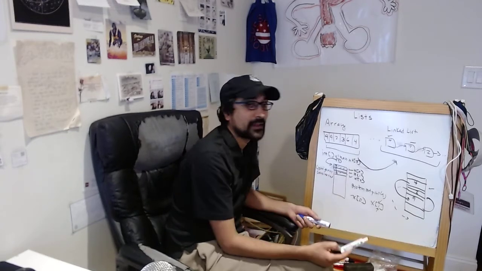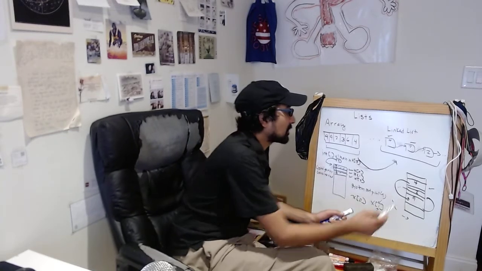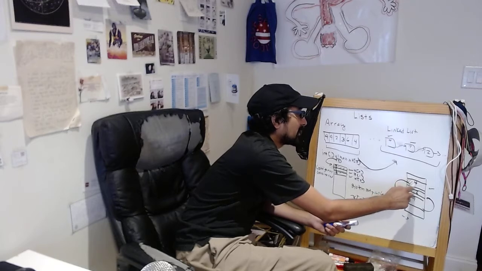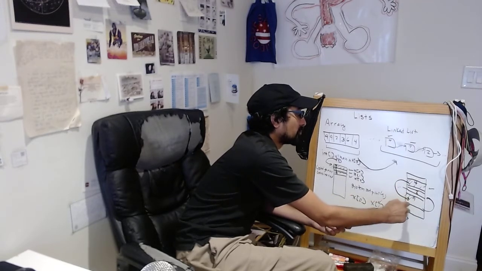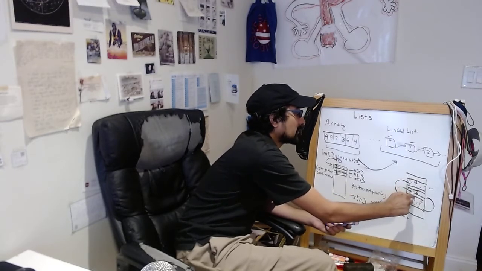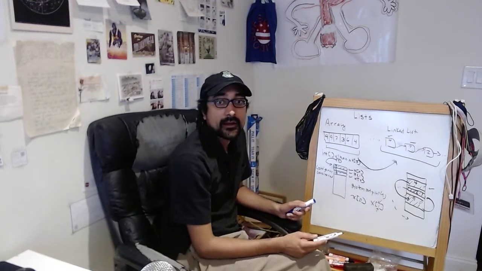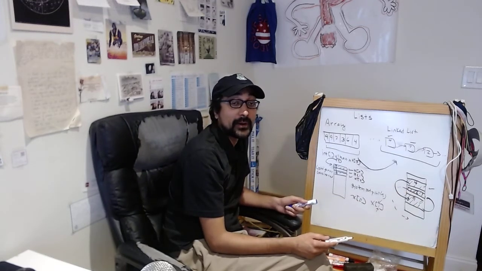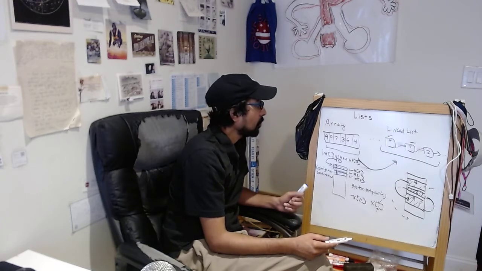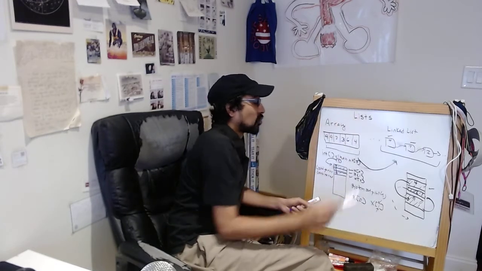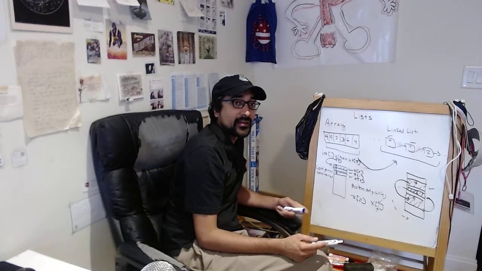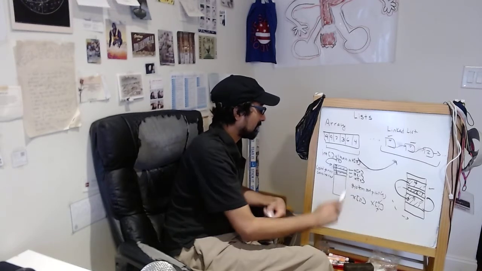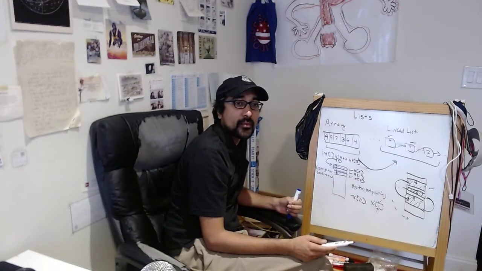All these blocks are together in memory. The linked list, on the other hand, is made up of nodes, and these nodes could be anywhere in memory.